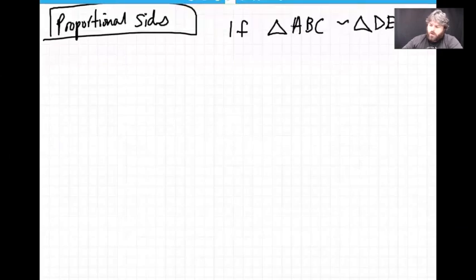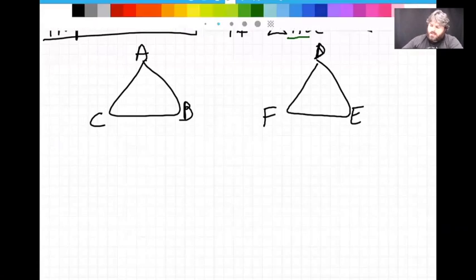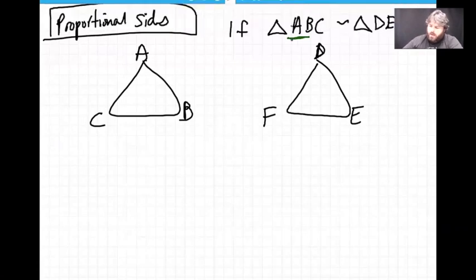So first of all, the first two letters represent basically a side length, right? If I've got ABC here, and I've got DEF, okay? When I say AB, I'm talking about the length of this side.